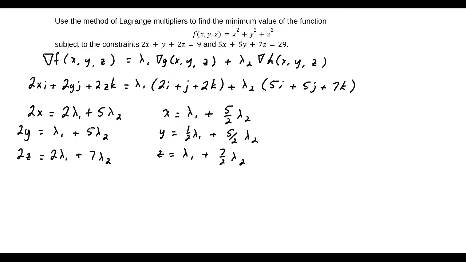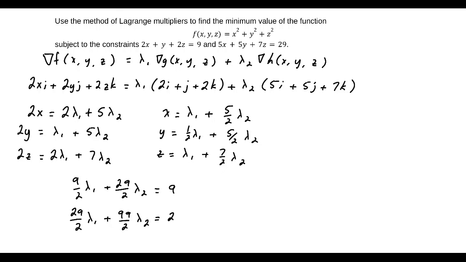And as I distribute and combine like terms, what it comes out to be for that first equation is 9/2 lambda 1 + 29/2 lambda 2 = 9. And for the second equation, 29/2 lambda 1 + 99/2 lambda 2 = 29.